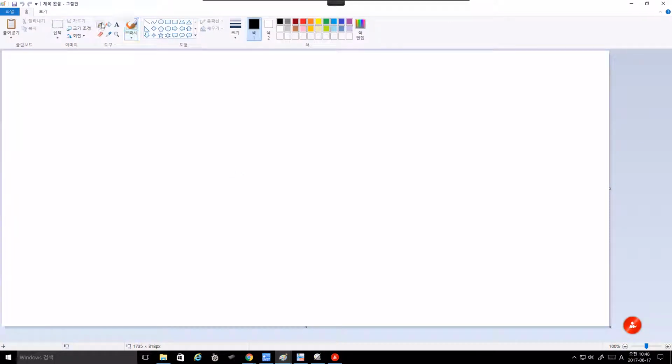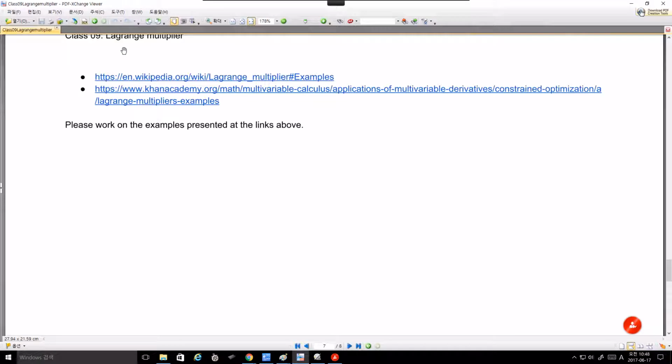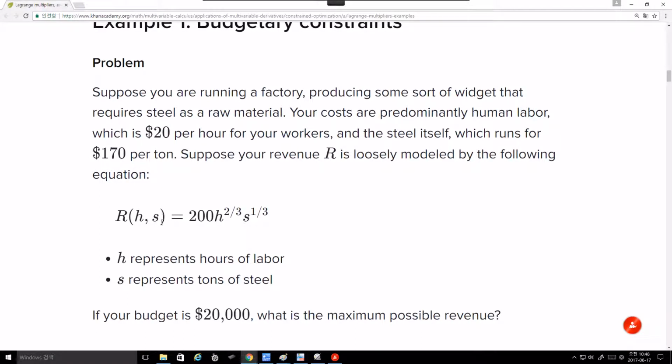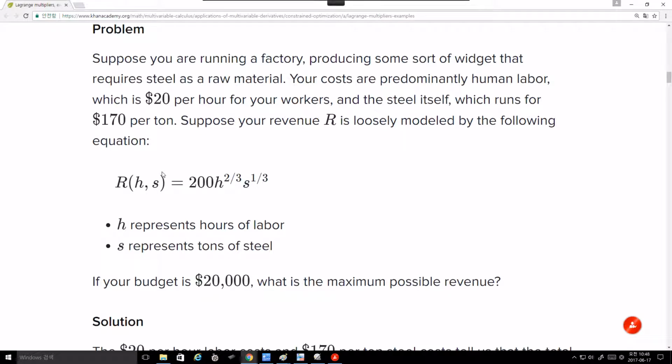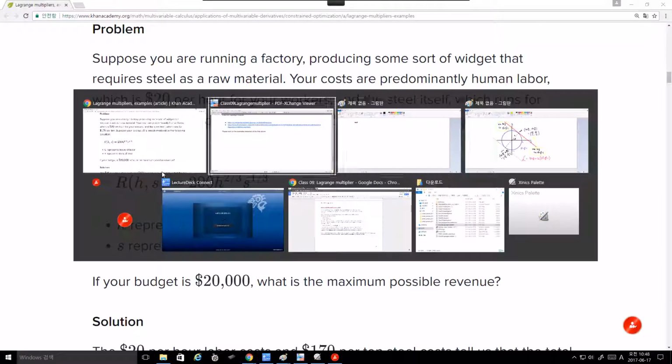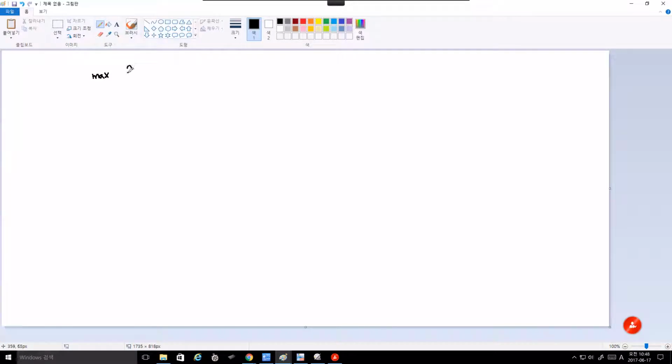What we want is basically to maximize this one, with exponents 2/3 and 1/3. By the way, it is called the Cobb-Douglas function in economics.